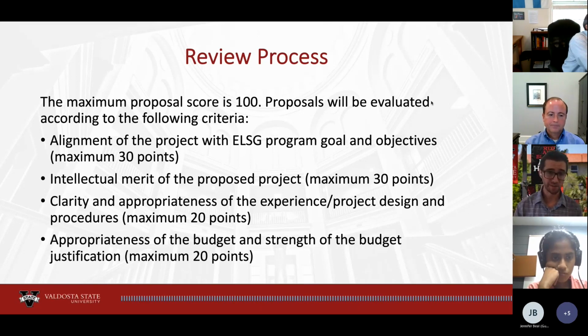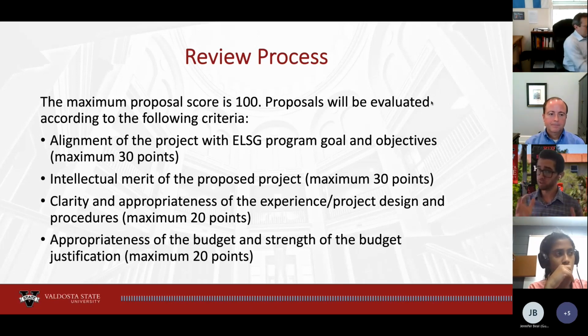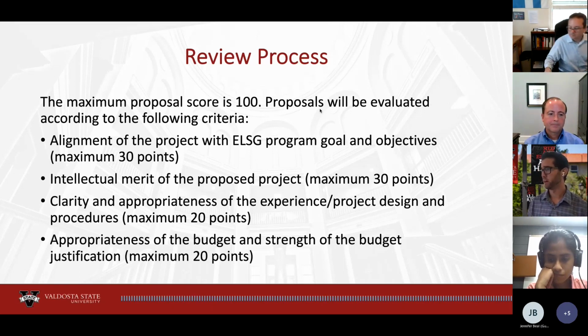What I can tell everybody is that the number of people applying for funds has grown every single semester that we've offered it. So we do expect to potentially use up the funding, but we're going to deal with the projects that are submitted to us.